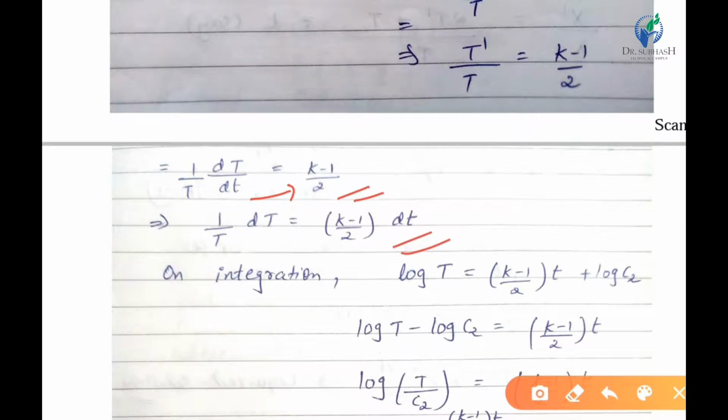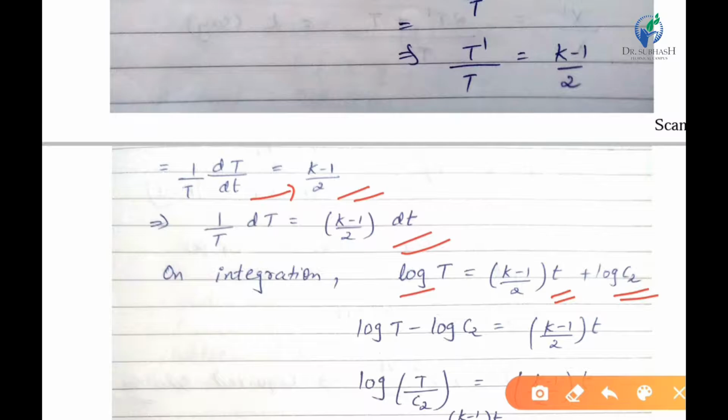Now again we can easily integrate this equation. Integration of 1 upon t is log t. So we will get here log t. Next integration will be k minus 1 upon 2 into small t, because it is with respect to small dt, and we take some constant log c2.